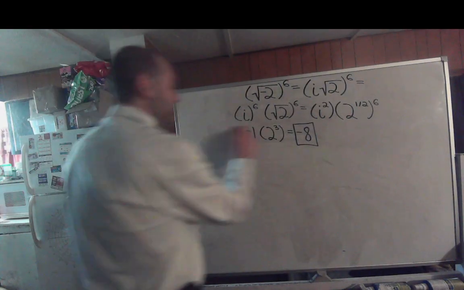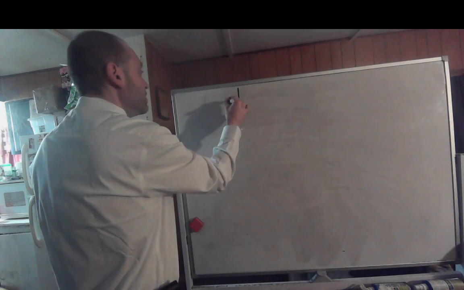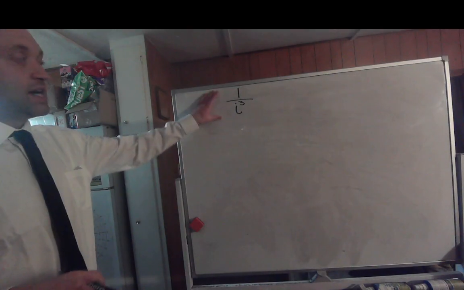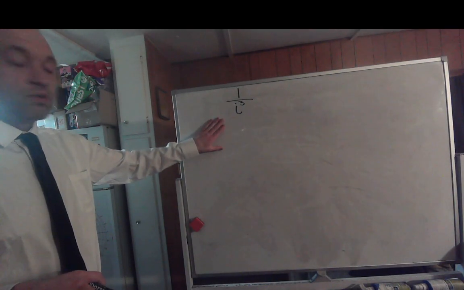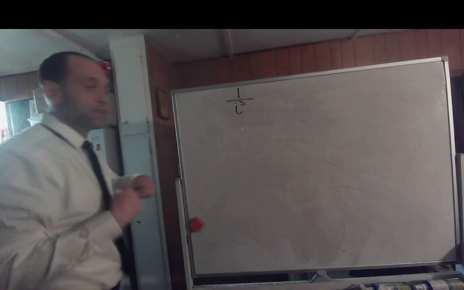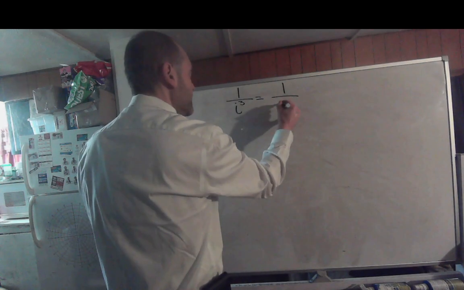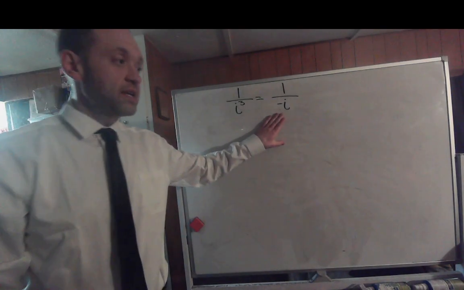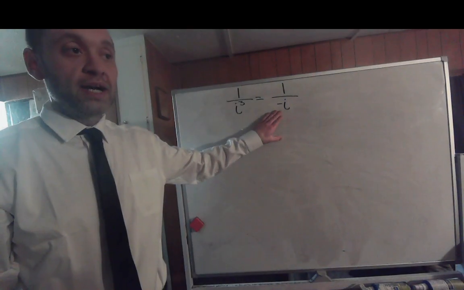All right, we have a couple fraction ones with higher powers of i. And then we're going to do a little bit of graphing. So let's say you're given 1 over i to the 3rd. Well, what is i to the 3rd? That's just negative i, right? This is going to be the same as 1 over negative i. Now, as a complex number, isn't negative i the same as 0 minus i?